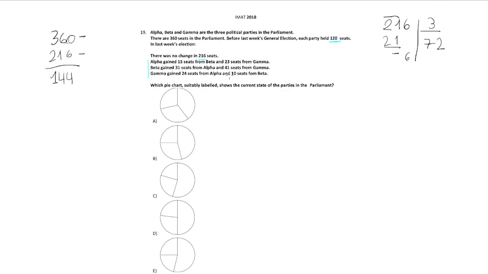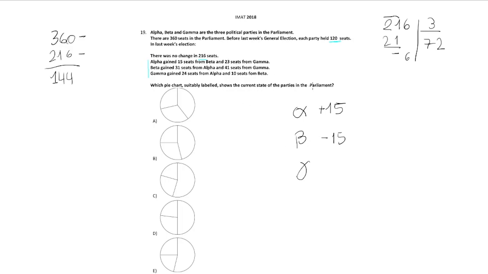And then we have a legend of how many seats have changed. So we have alpha, beta, and gamma. Alpha has gained 15 seats from beta, so beta loses these 15 seats.